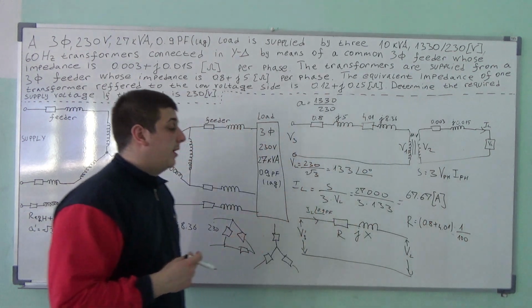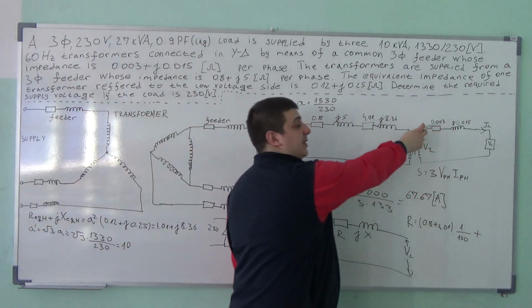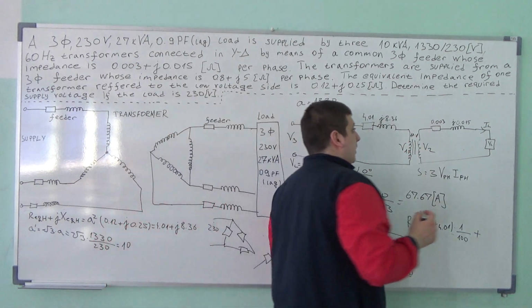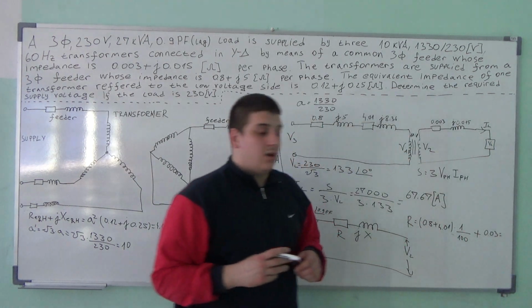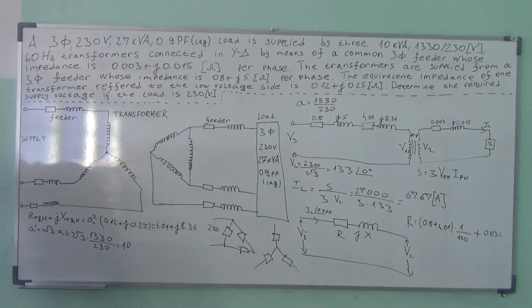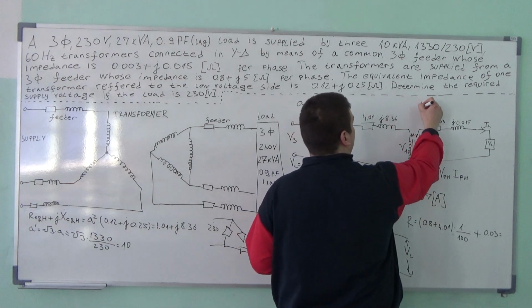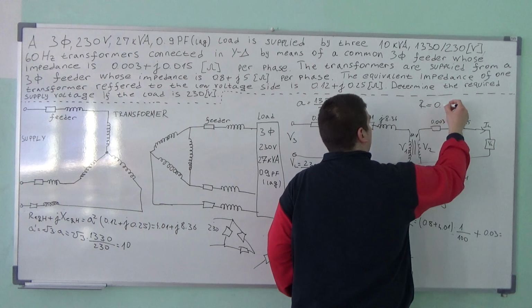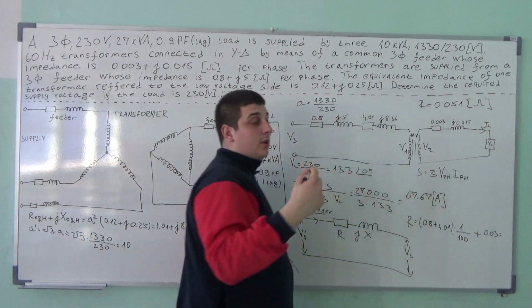A squared is 100. Plus the resistive impedance on the secondary, on the low voltage side, is 0.03. That all will be equal to R. So the resistance over here is equal to 0.051 ohms, referred to the low voltage side.